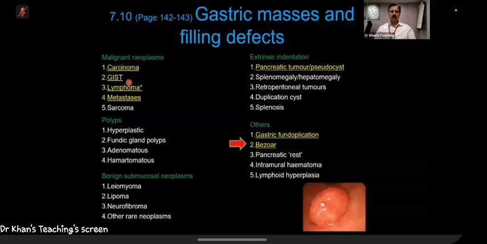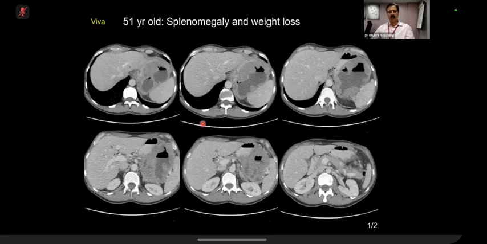GIST can be benign and they can be malignant. The general concept is that anything more than 5 centimeter, you should be worried about malignancy. GIST, and the classical exam case is this one.